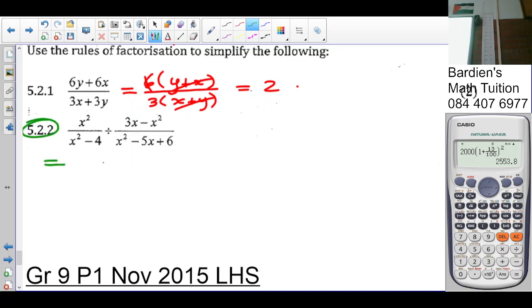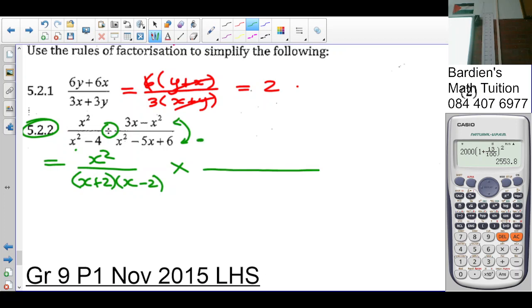So what's going to happen here? You're going to factorize the denominator. What type of factorization here? Difference of two squares. So it's x plus 2, x minus 2. You change that to multiplication, so we tumble it, and that becomes the numerator now. What type of factorization here? Trinomial. So what goes on the line? 1 and 6? 2 and 3.